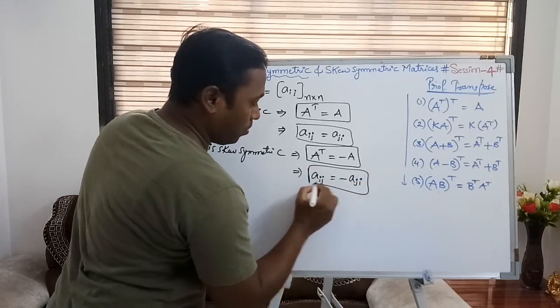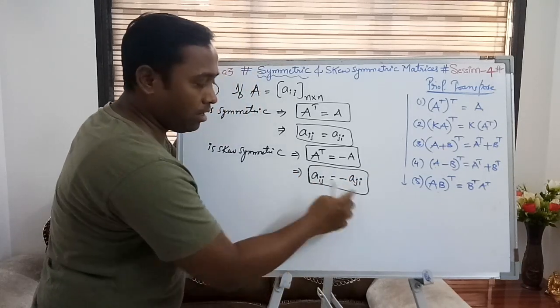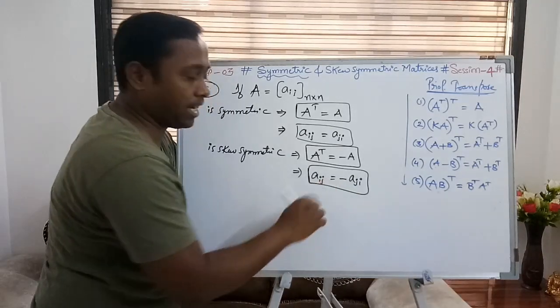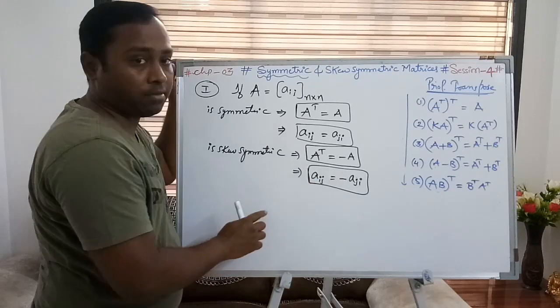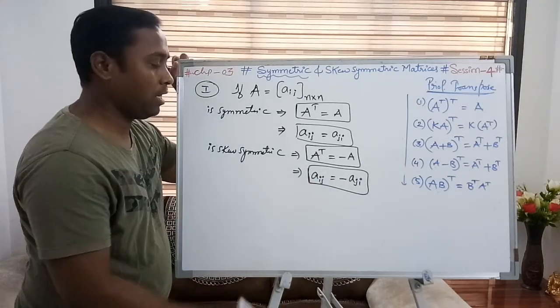So they are interchanging the elements along with the sign. It means that if it is a positive number, it becomes negative, and if negative, it becomes positive.